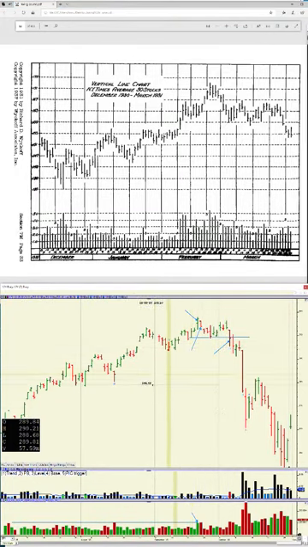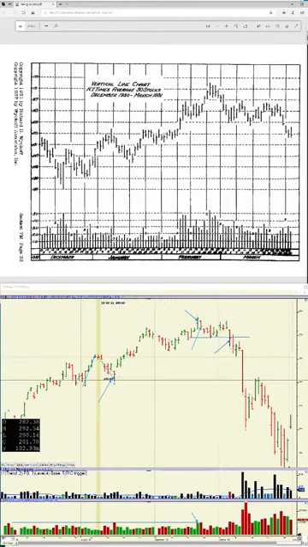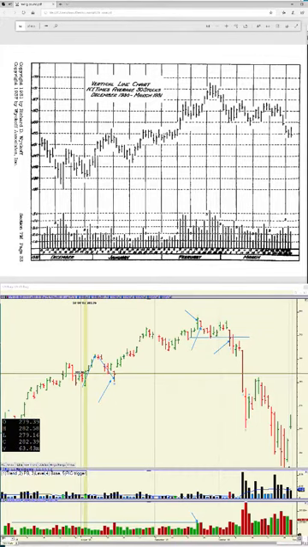So let's take a look at some other high volume indications and how to interpret them. This here is a high volume indication, the red bar, on the pullback. So what you have here is a rally, and then a pullback. Now the pullback tests the rally, and you have a lot of volume.